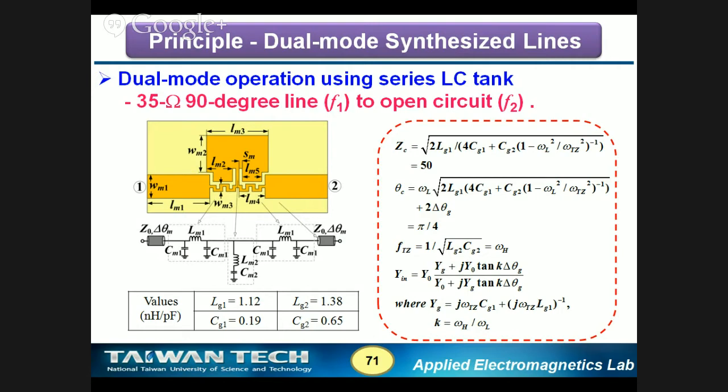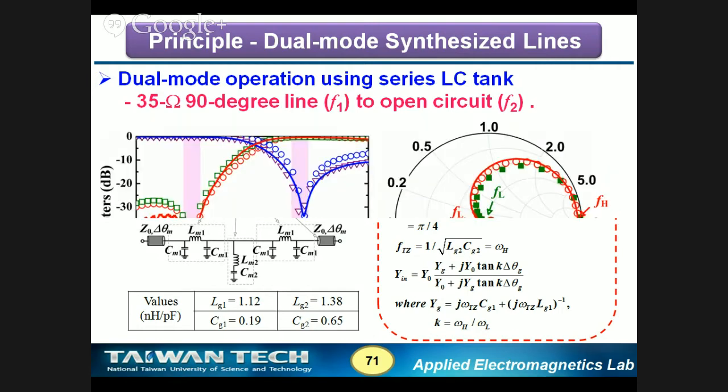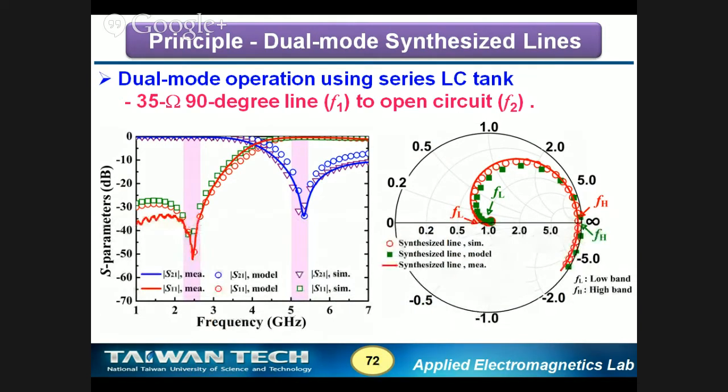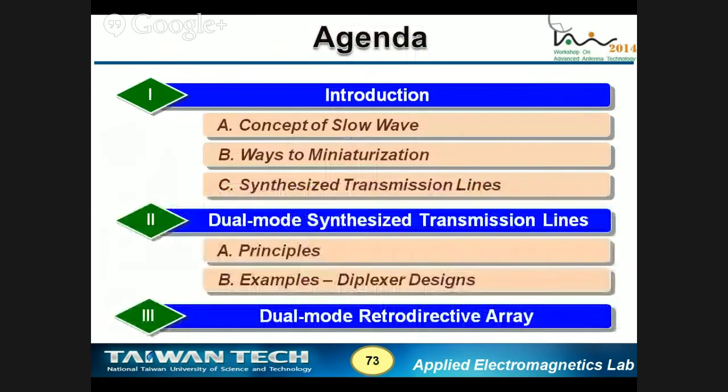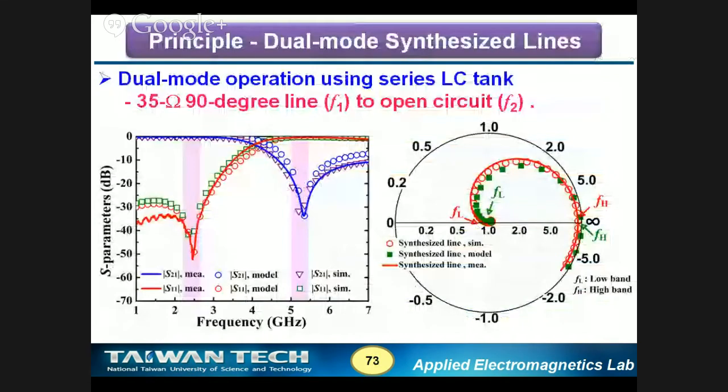This is another example. And you can find from the frequency responses in the low band, it is a perfect match, just like a transmission line. And I did not show the phase response. If you look at the phase response, you will figure out the phase response will be exactly equal to 90 degrees at the center frequency.